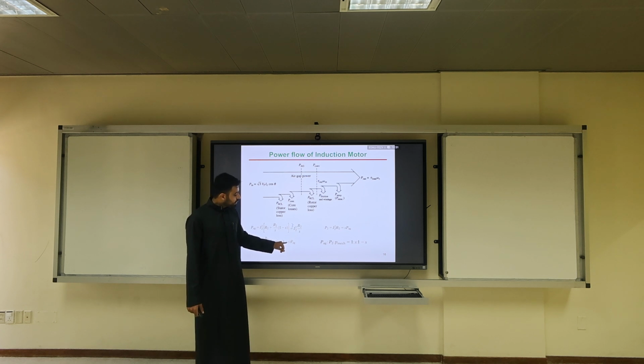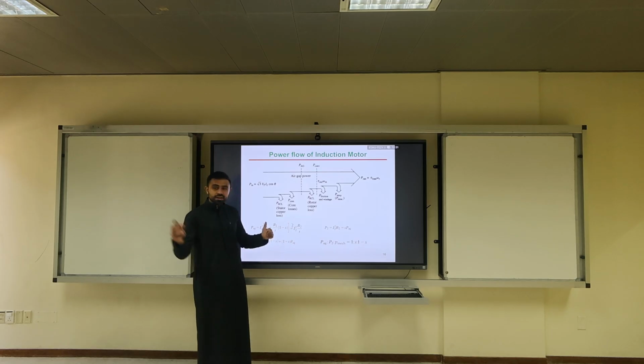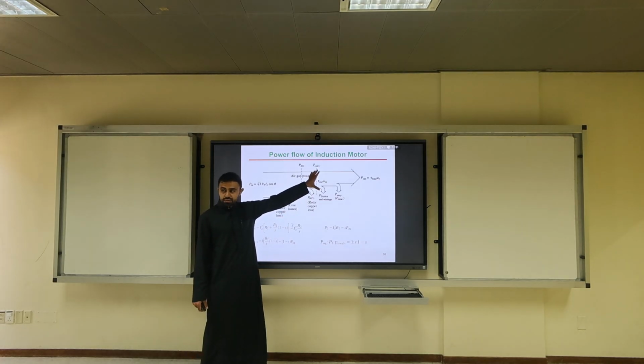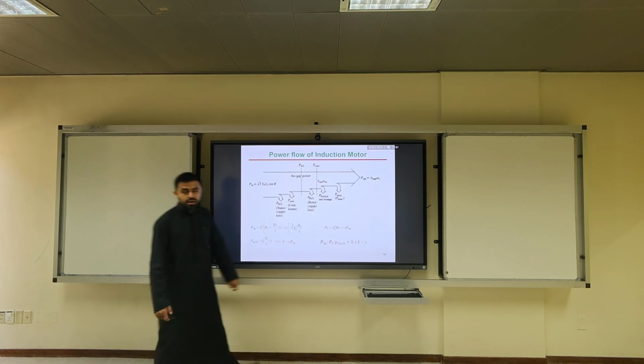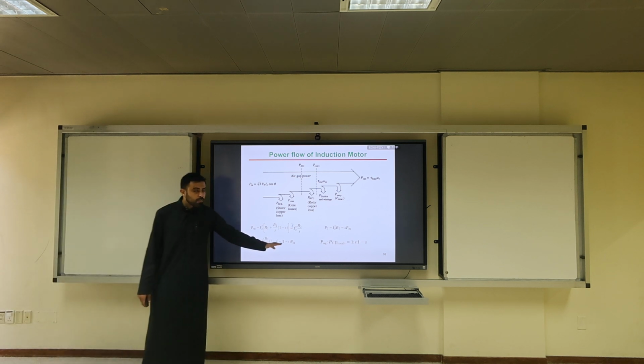If I change the speed of the machine, the slip will change, and if I change the slip, the power converted to mechanical would change. Given that the speed is changing, we may also have a change in the torque induced.